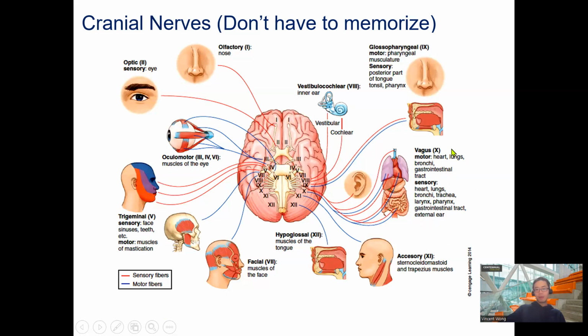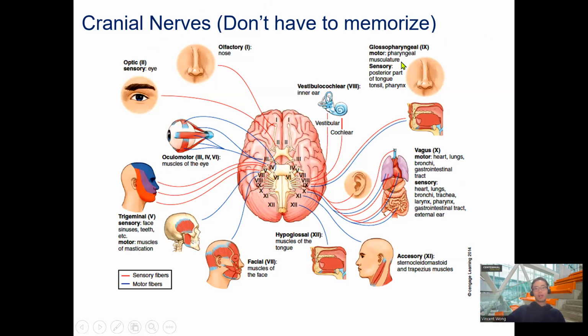And if you think about what we said with the division of the nervous system, these nerves would be part of the ANS, because these are things that we don't have voluntary control over. That's how we categorize them in terms of functional division.